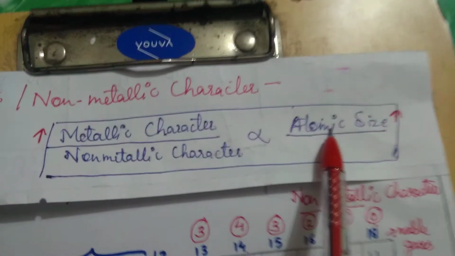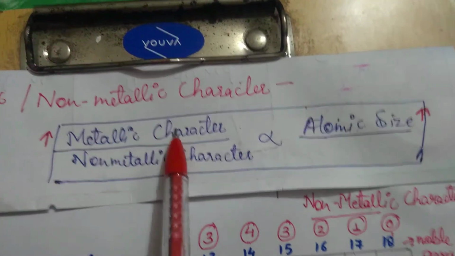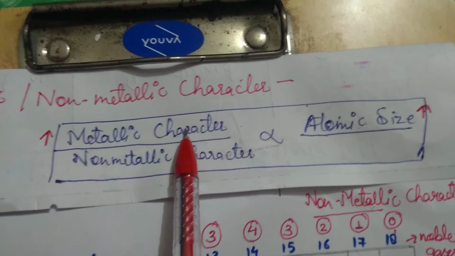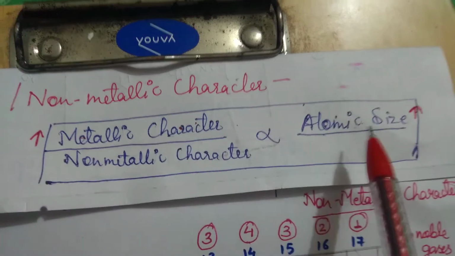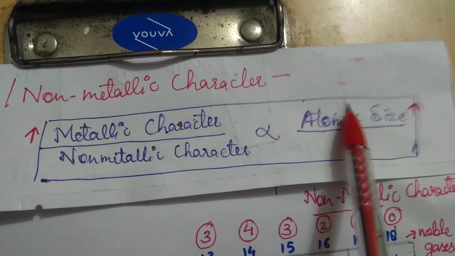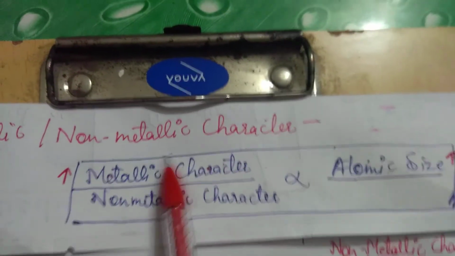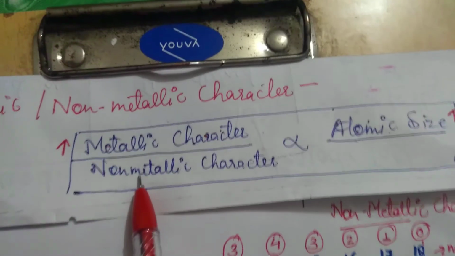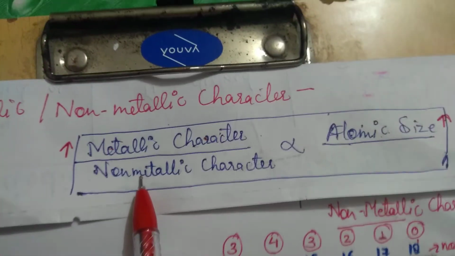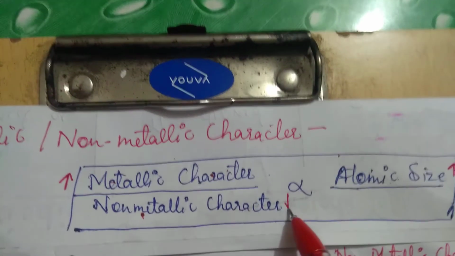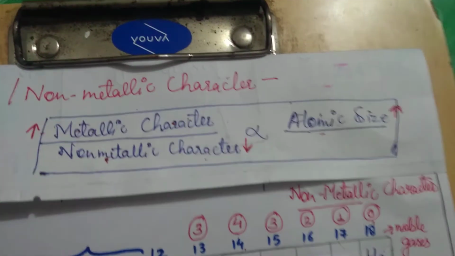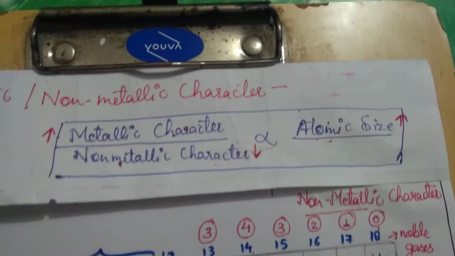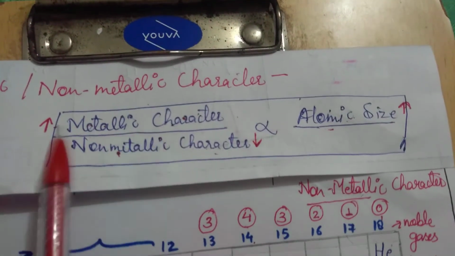So if the size increases, metallic character increases, or the ability to donate electrons increases. On the other hand, if size is more, donating capacity is more, which means accepting capacity is less. So non-metallic character decreases and metallic character increases. This relation is important so that you'll be able to solve any question coming from this topic.